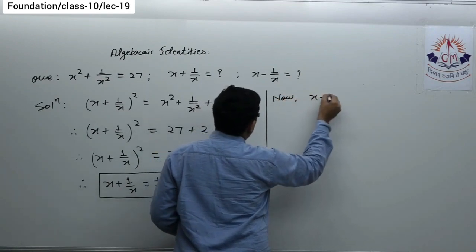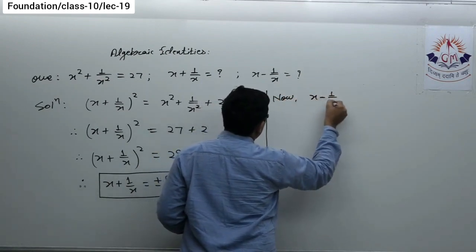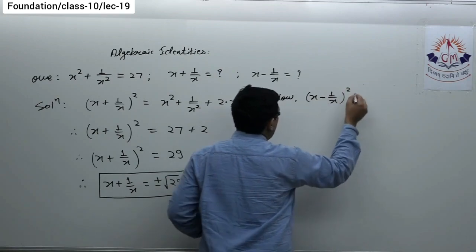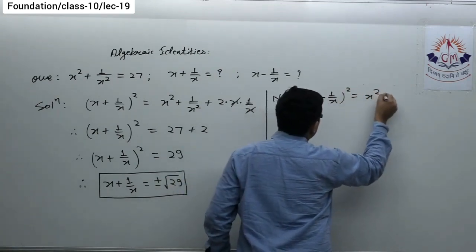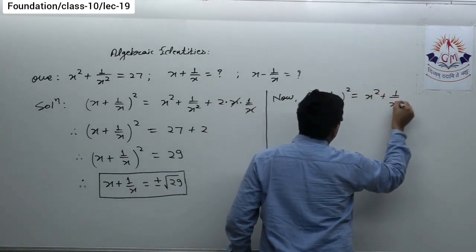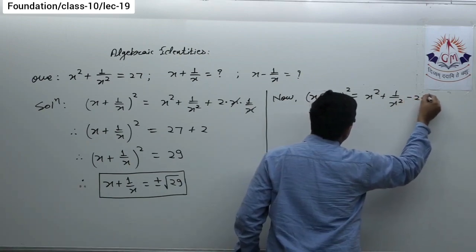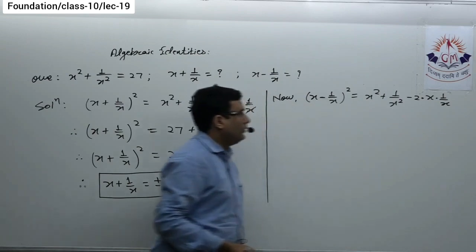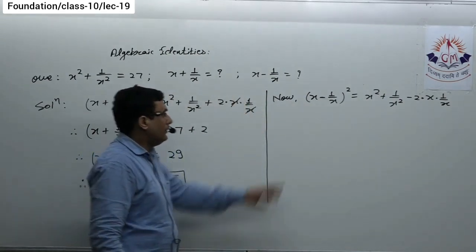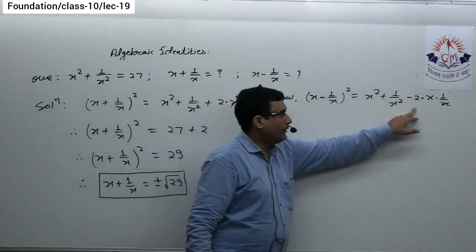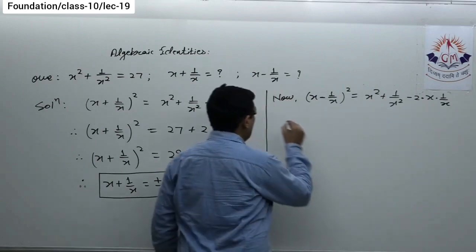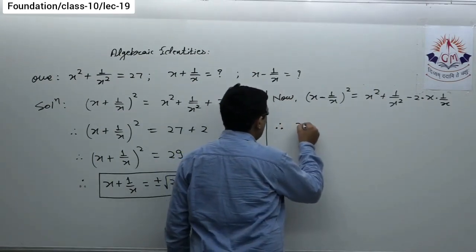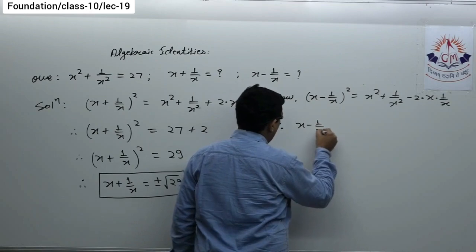Now (x minus 1 upon x) whole square is equal to x square plus 1 upon x square minus 2 into x into 1 upon x. That is a square plus b square minus 2 into a into b. So this gives you (x minus 1 upon x) whole square.